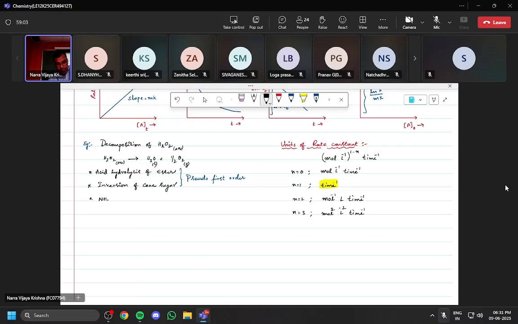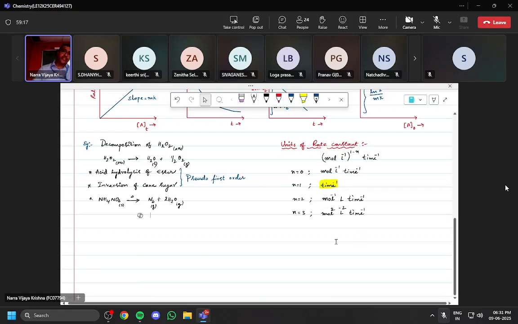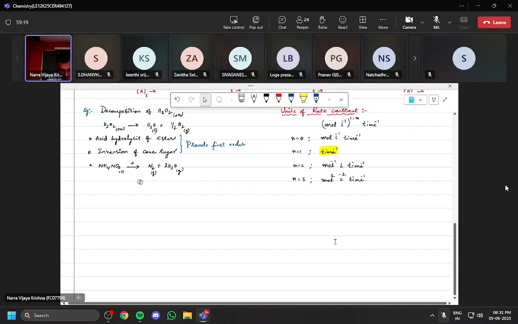Decomposition of ammonium nitrite. What is the product, sir? N2 plus 2H2O. As we are heating, I will get gaseous forms. Next, very, very important point: all radioactive disintegration reactions follow first order kinetics.